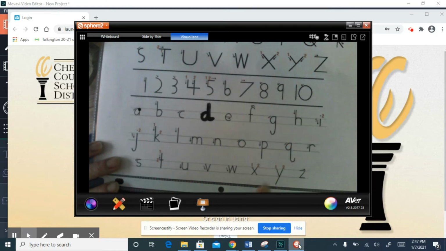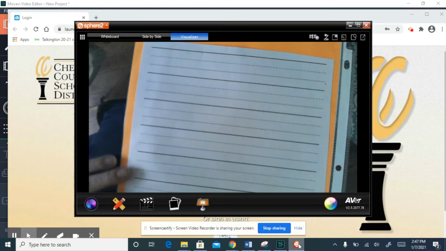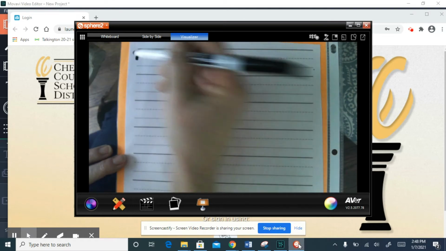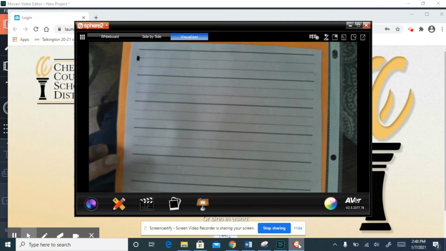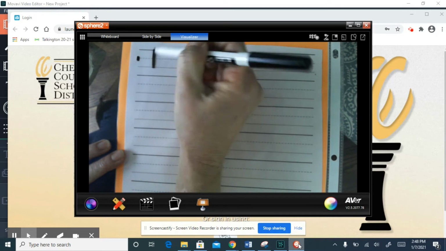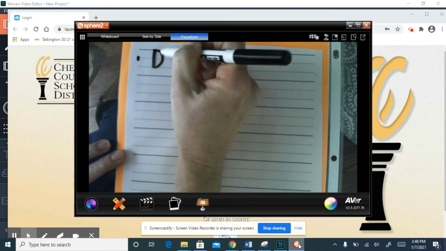Now what we're going to do is, after we erase this, you're going to flip your paper over to the lined side, and on line number 1, you are going to just focus on capital D's. Start at the top, go down, pick your pencil up, make your curved line from top to bottom.